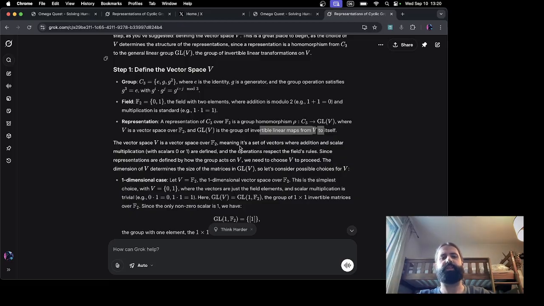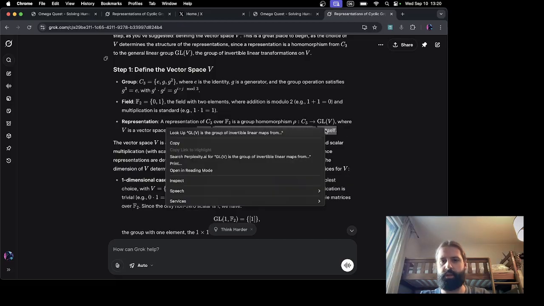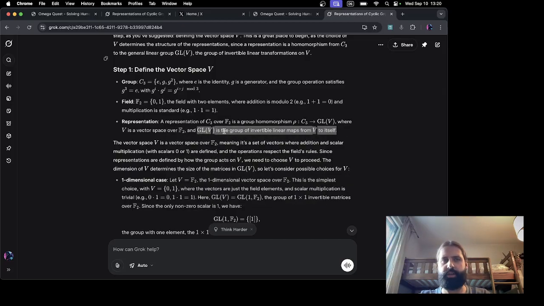GL(V) is the group of invertible linear maps from V to itself. Invertible. Is this basically a way to say it's the... Can you expand on these? GL(V) is the group of invertible linear maps from V to itself.